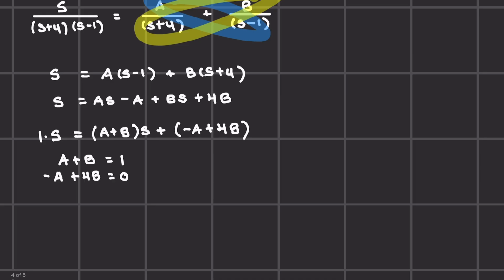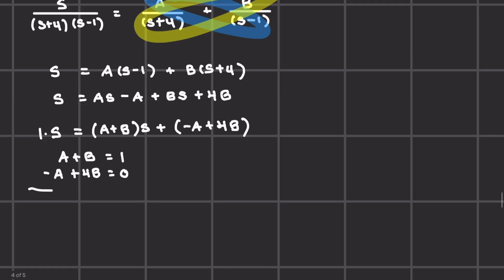We can use substitution or elimination, but this is fairly easy because we can cancel the A directly by using elimination by addition. A plus negative A is 0, that's gone. Now we have B plus 4B, that's 5B, and 1 plus 0 is just 1. Therefore, solving for B, we get 1 over 5.